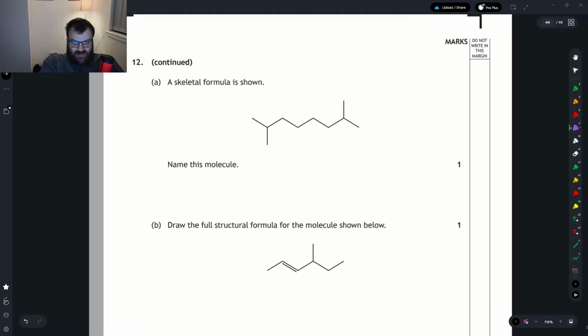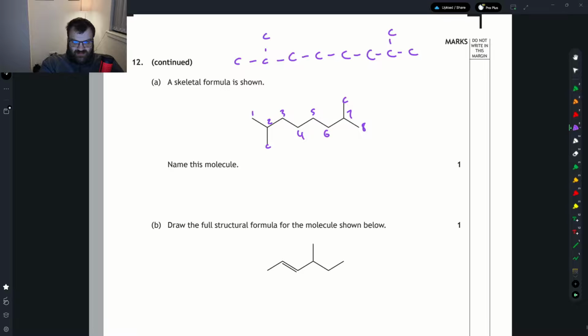We would have carbon, carbon, carbon. So that's 1, 2, 3, 4, 5, 6, 7, and 8. That's going to be an octa. We've then got a carbon coming off of the second, and we have a carbon coming off of the 7th.